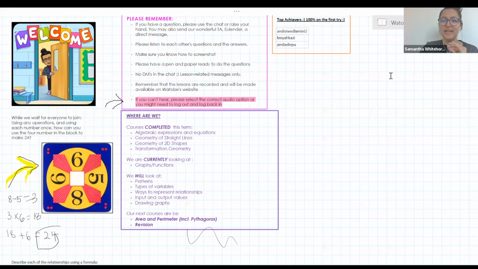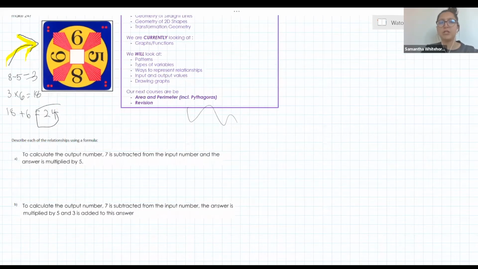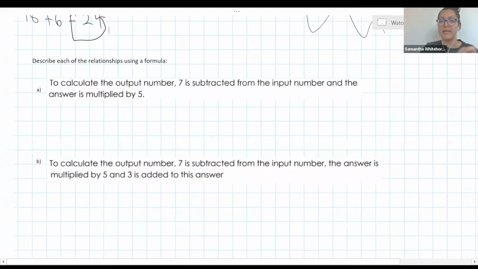Alrighty, guys. So let us get into this whole graphs recap, consolidation, revision, make sure that we're happy. Now, what we have been talking about is very much this concept and idea of relationships.